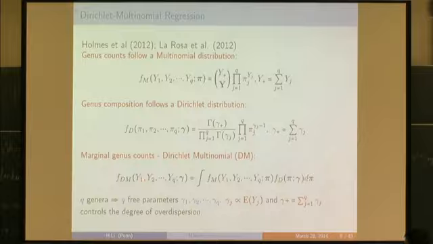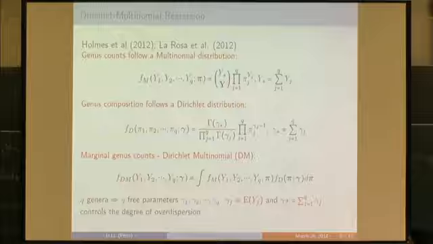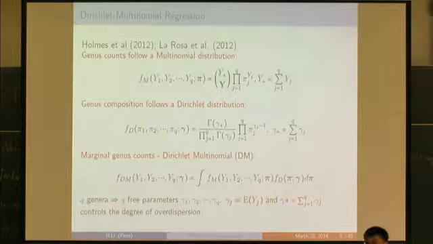So this is basically a probability model to describe the distribution of the genus count for a given individual. And here the parameters in this model are the gammas. And those gammas are related to the expected value of the count given the total. So gamma is proportional to the expected value of the count.